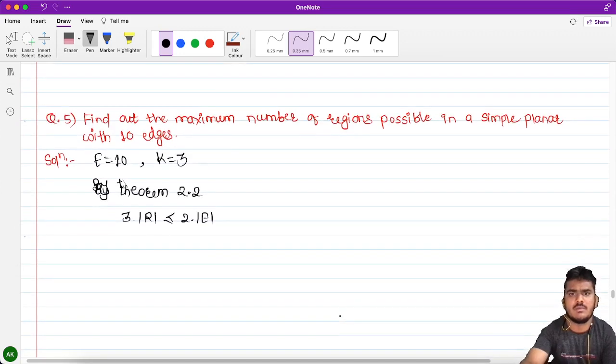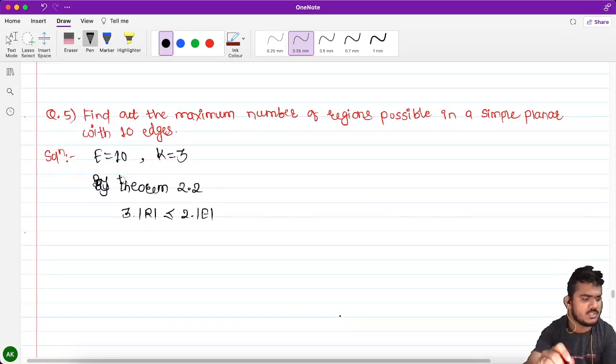Find the maximum number of regions possible in a planar graph with 10 edges. Okay, here we have to focus on the word maximum. Maximum number of regions possible in a simple planar graph with 10 edges.